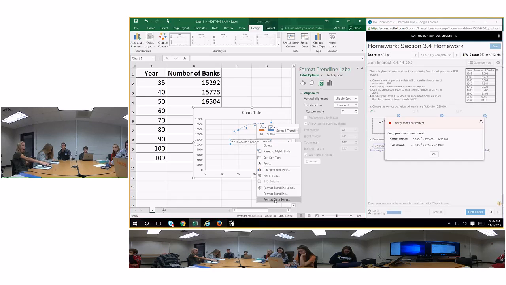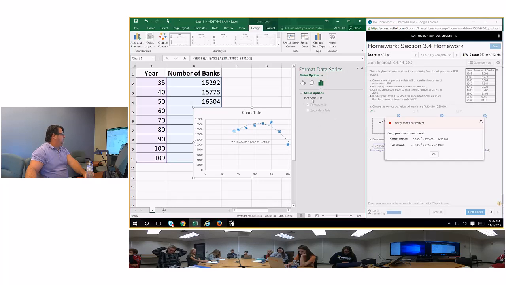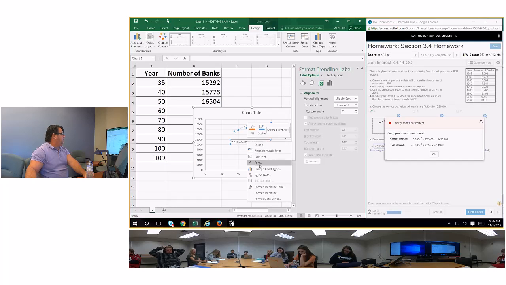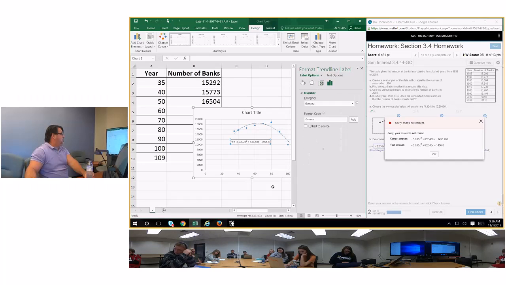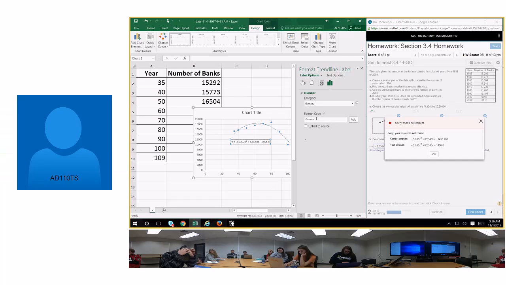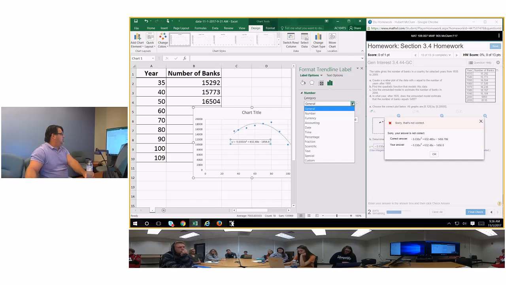You might can format the data series. I don't know if that would help. No. I'm trying to look and see how you could do that. Format trendline label. Nope. Format code. Here we go. There we go.